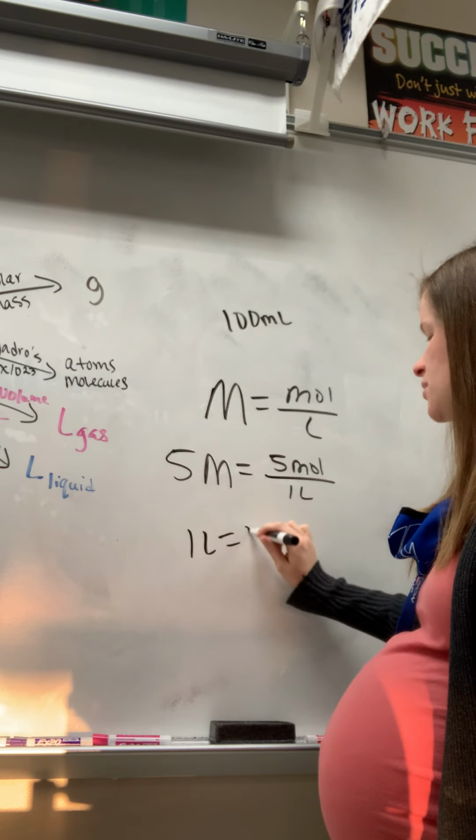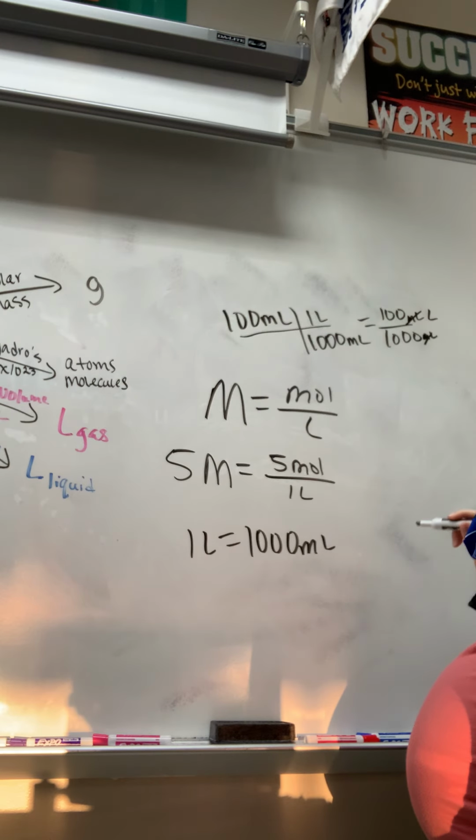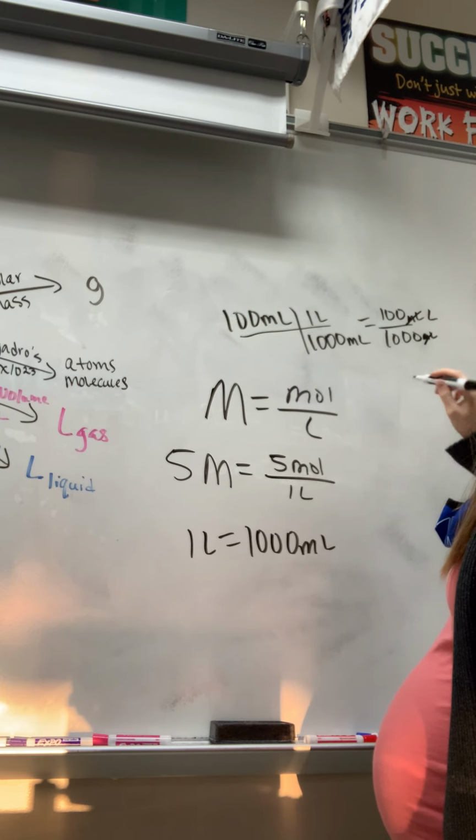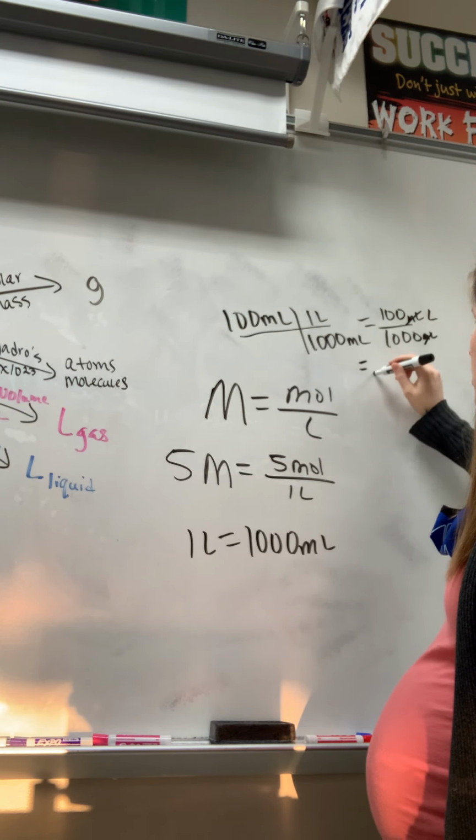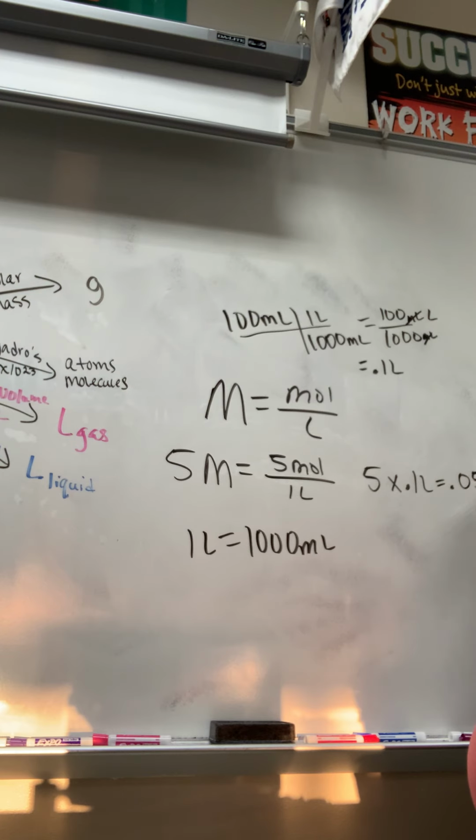Milliliters cancel milliliters, and you're left with liters. That's like saying I have 0.1 liters. Then if I have 100 milliliters of this substance, I just take 5 times 0.1 liters, and that gives me 0.05, and that would be moles.